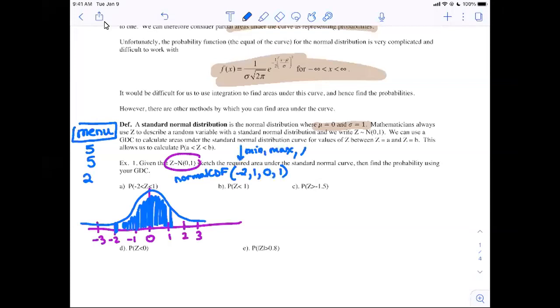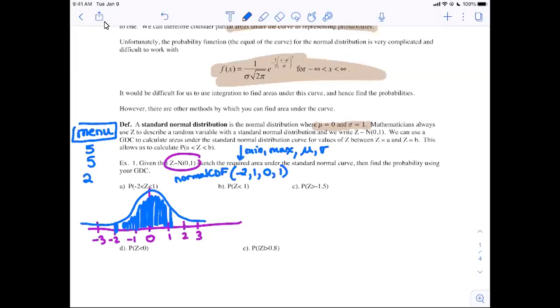So what you're putting in this parenthesis for normal CDF is minimum, maximum, mu, and sigma. If it's a standard normal curve, do you notice it's automatically 0, 1?